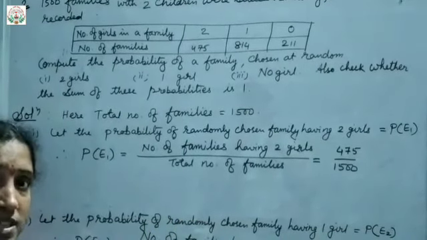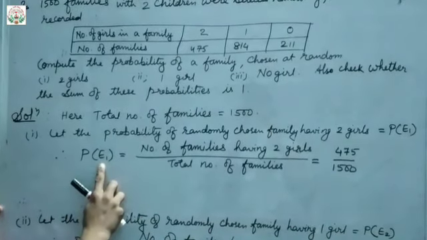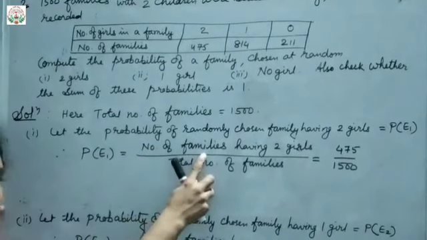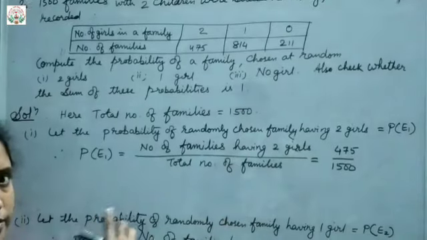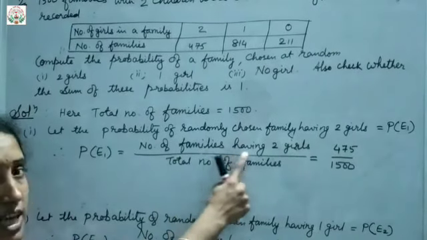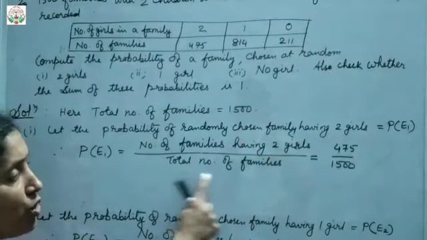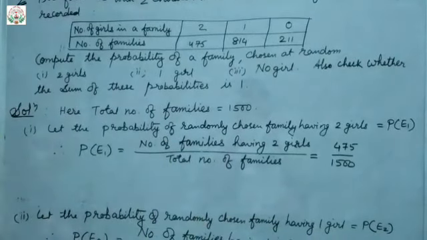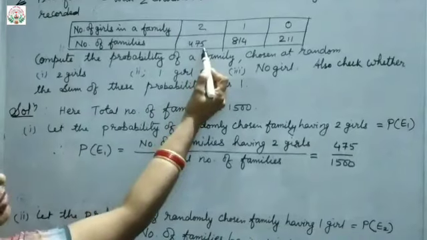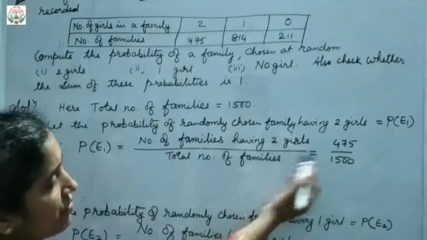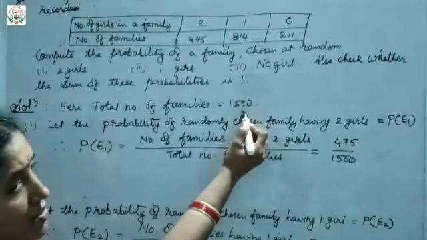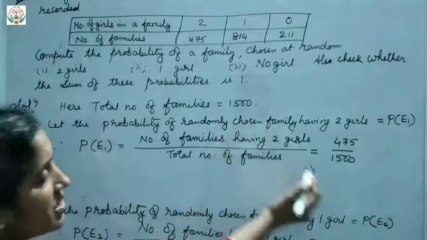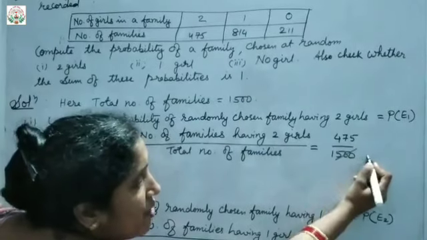Probability of E1 equals the number of families having 2 girl children upon the total number of families. That is 475 upon 1500. It is divisible by 25.